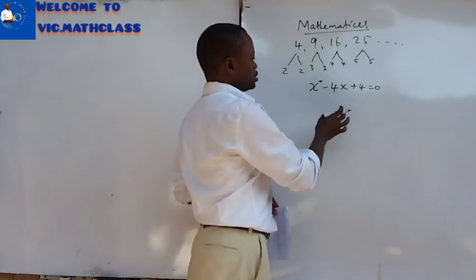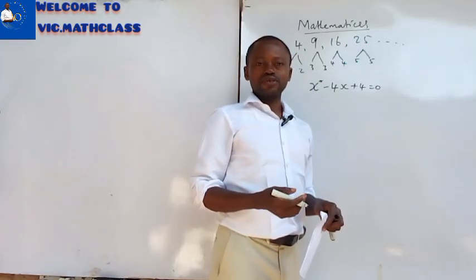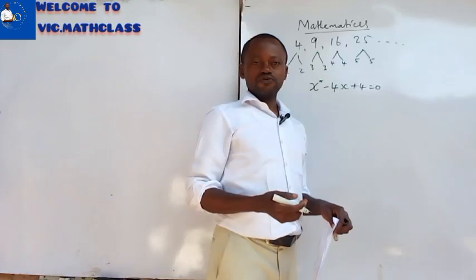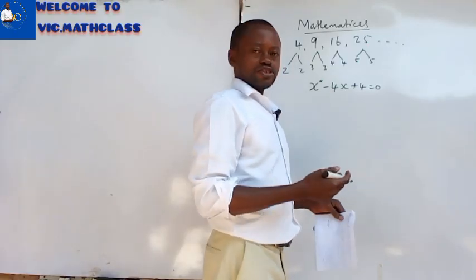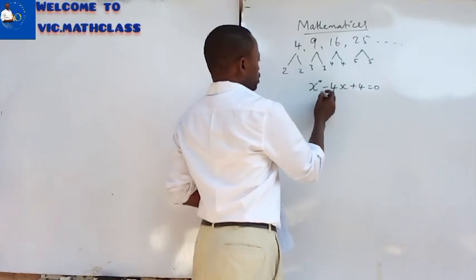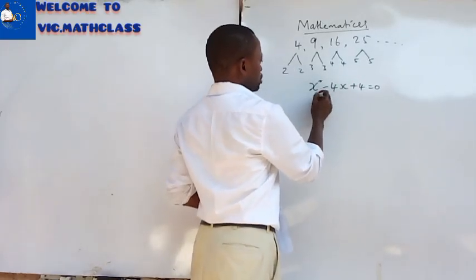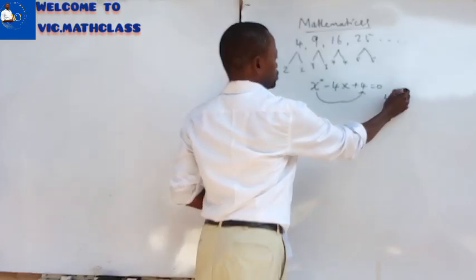So I want to factorize this now. It's just like I'm discussing the factorization method of solving quadratic equations. If this is your first time seeing this, there is something I'm going to show you. The factorization method of solving quadratic equations is very simple. We take the product of this and this, and we will have 4x squared.